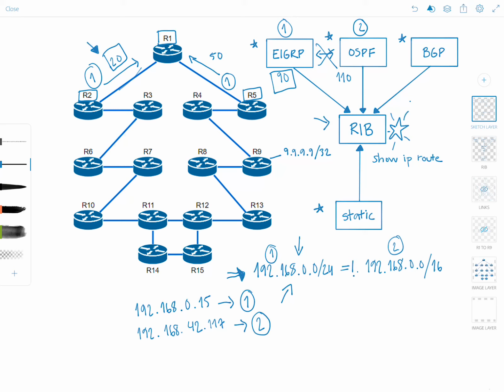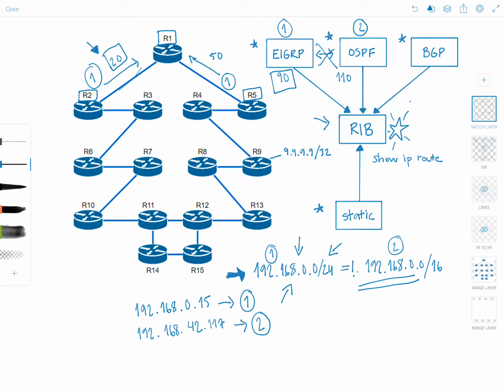And even though this route fully covers the range of this route, wow, I have a lot of arrows pointing here and it's getting a little messy. So even though this /16 route fully covers this /24 range, they are still different routes.